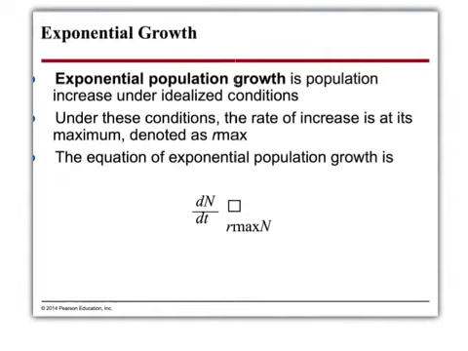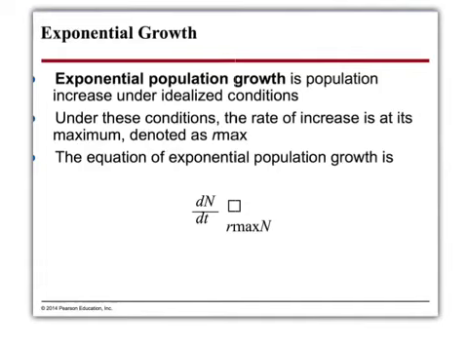You can't consider human population when we talk about idealized conditions, because the human population is in some areas undergoing exponential population growth, even in what we consider non-idealistic conditions. But in these conditions, the rate of increase is at its maximum, right? And survivorship is also at its maximum.